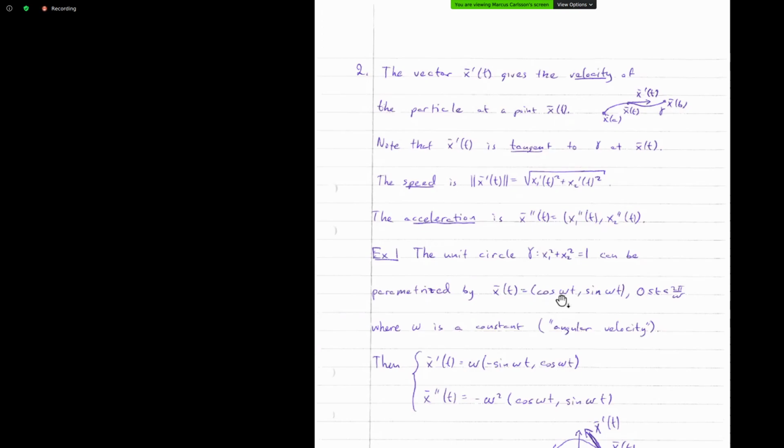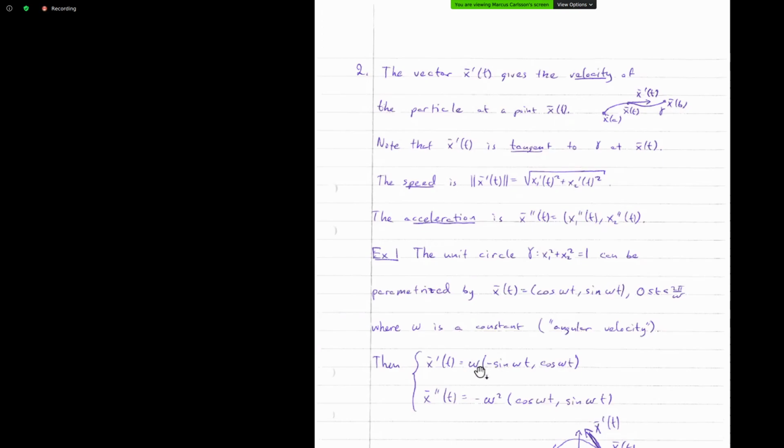So cosine omega times t, sine omega times t. So t is the variable here, and omega is just some fixed value, and that's called the angular velocity. So you go around here. The amount of t's you need to make a complete revolution is t's between 0 and 2 pi divided by omega. Because then, for the end point over here, you reach 2 pi.